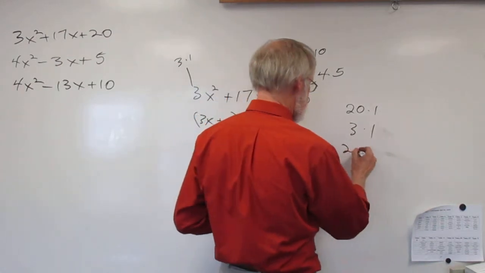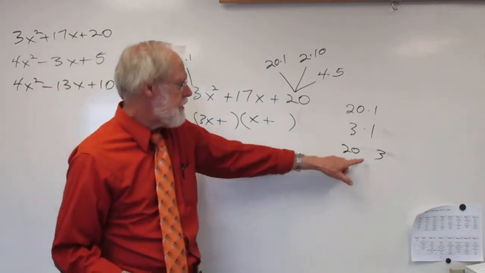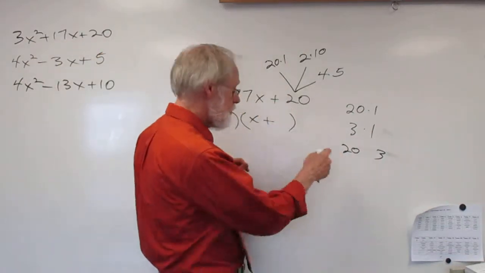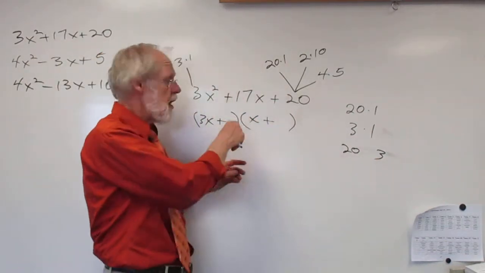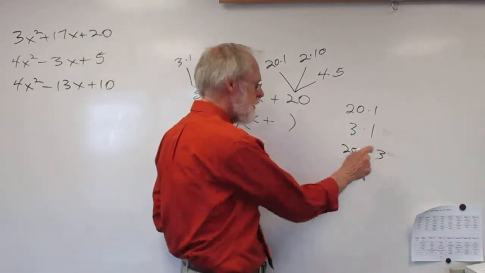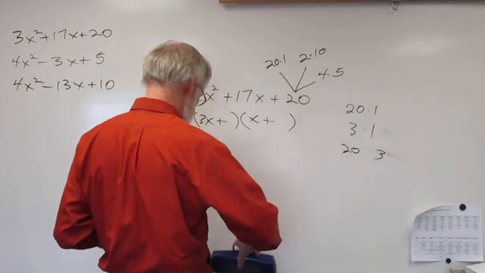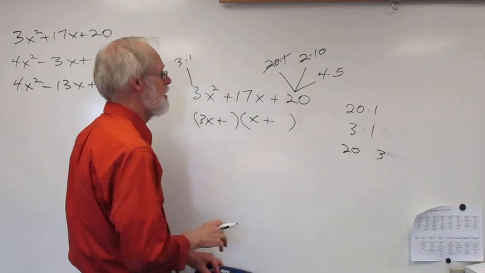1 times 20 is 20, 3 times 1 is 3. Remember, I have to add these two numbers. Yes, it's true that 20 minus 3 is 17, but I don't have that option here because everything is a plus. 20 plus 3 is 23, and that doesn't work. So we have eliminated this as a possibility.